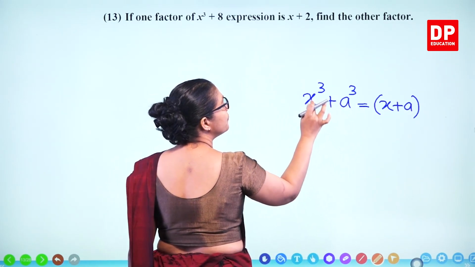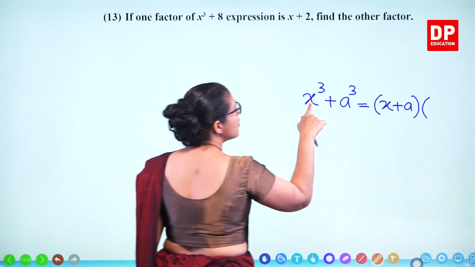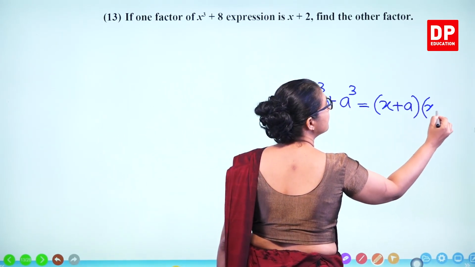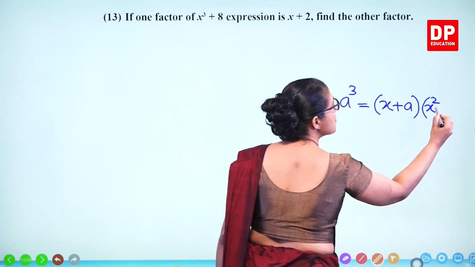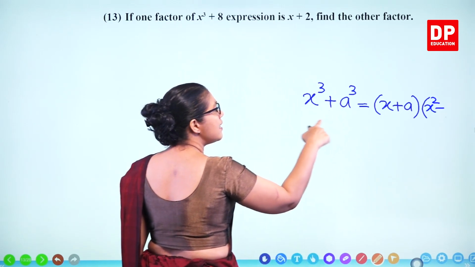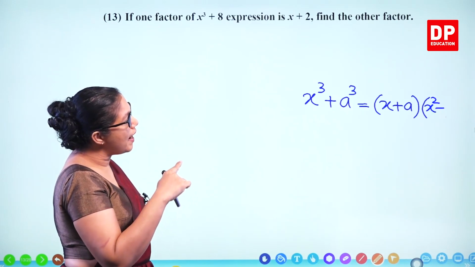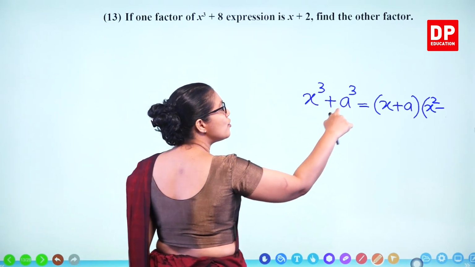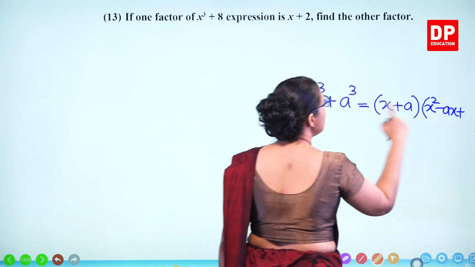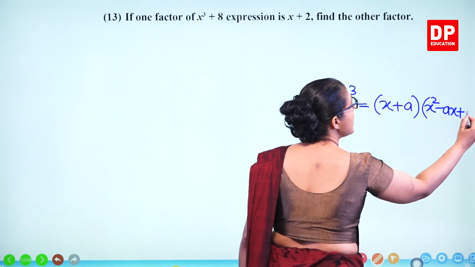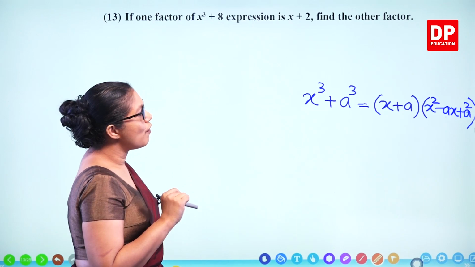Then the other factor becomes the square term of this, and you get the opposite sign of this. Plus becomes minus, and not double of that. When it's a square term, you multiply by 2, but if it's a cube, you just multiply these two, ax, and then the square of this, a squared. So you get that formula.